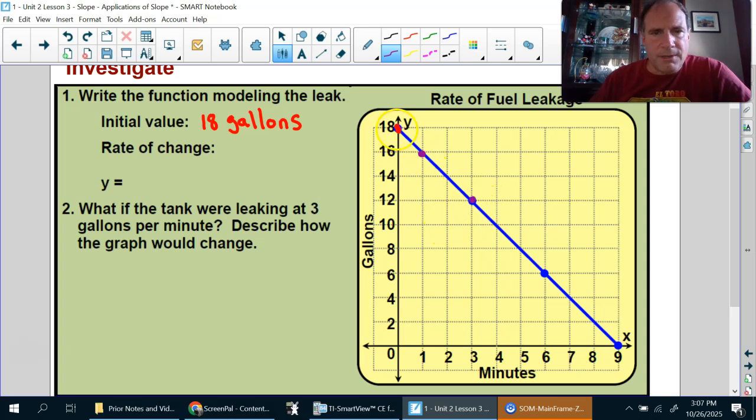It's okay, but I'm going to use that point because it's really close. So I'm going to go -2, and then this is 1. So the rate of change is -2 gallons per minute.